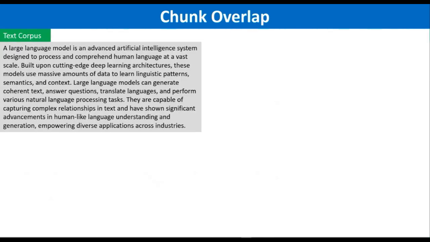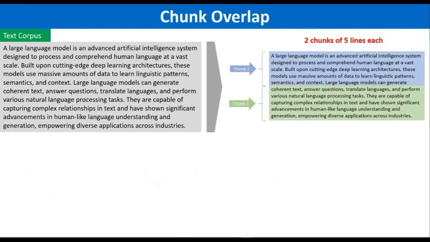All right. Once you understand the chunking concept, there is another concept we need to understand: chunk overlap. Imagine you have this text corpus, and we are doing chunking at line number count, say 5 lines per chunk. So you get this.